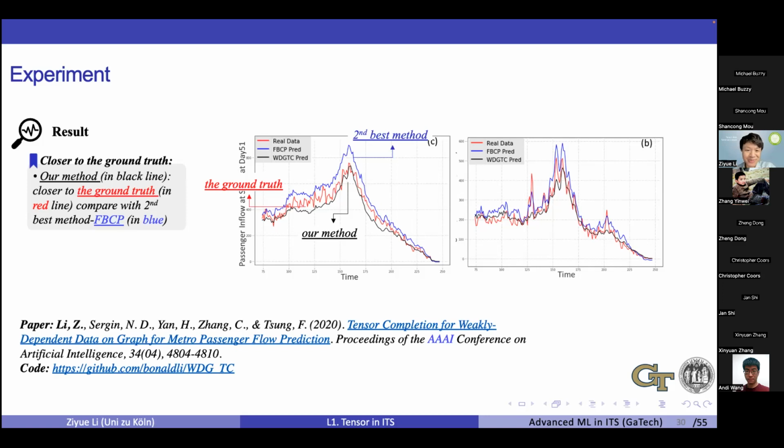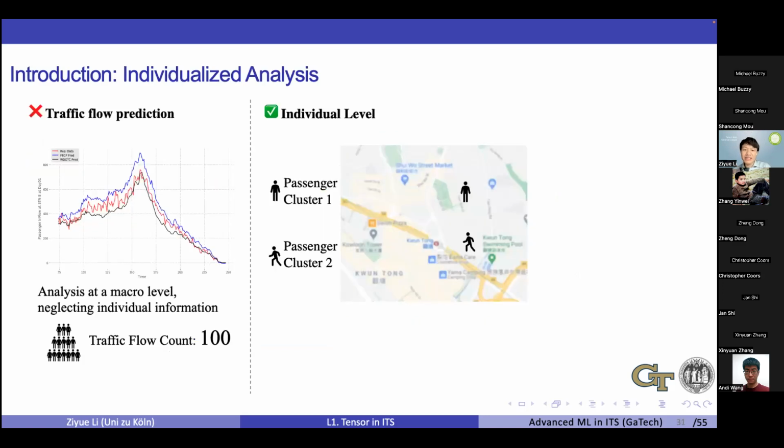And the second task I will look at is not prediction anymore. It is more like individual analysis. So here I will slowly transition to another topic. Previously when we looked at the passenger flow pattern, we said, okay, now there are 100 passengers here.